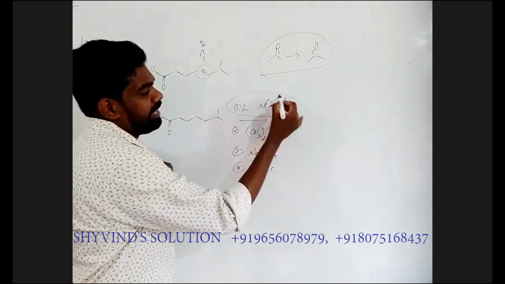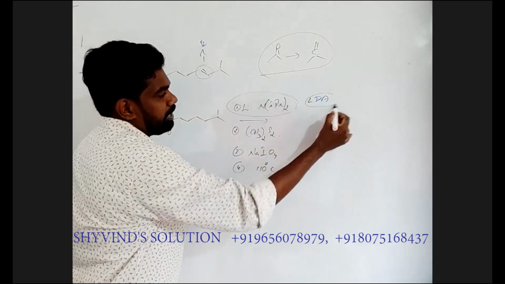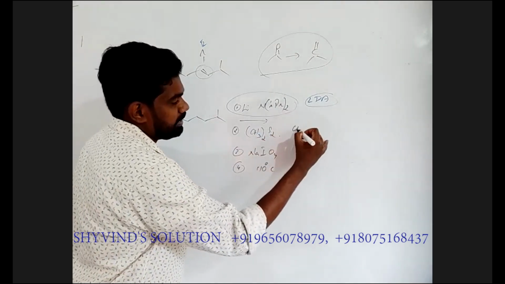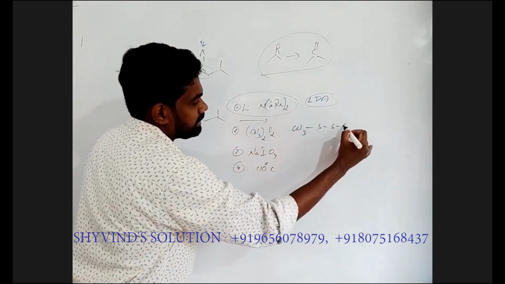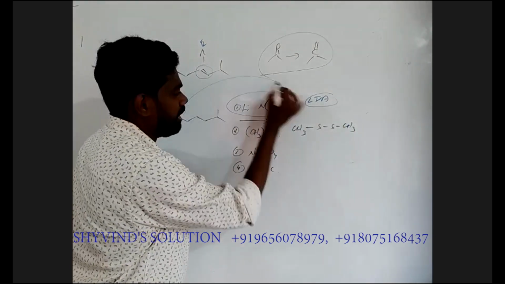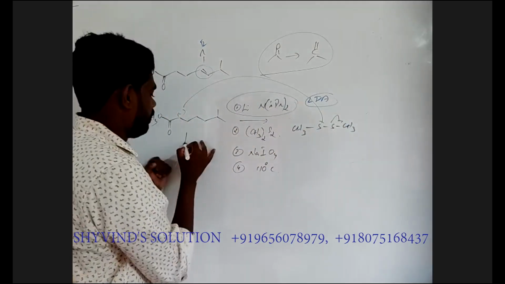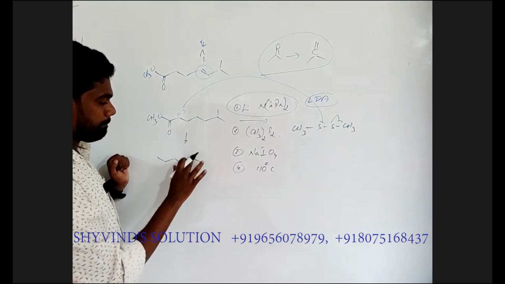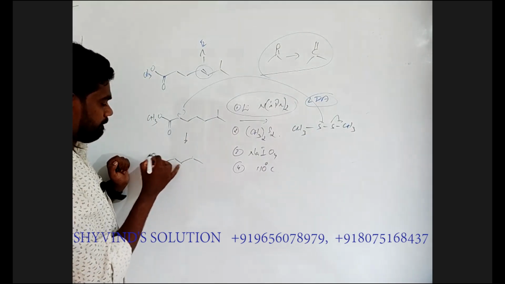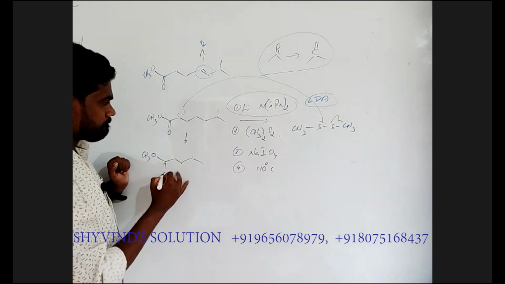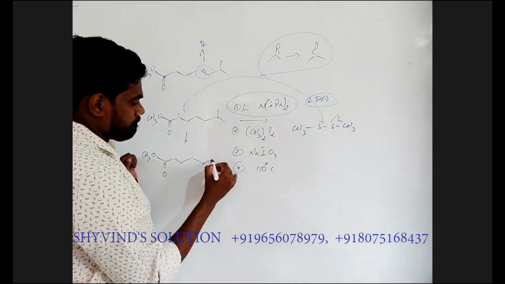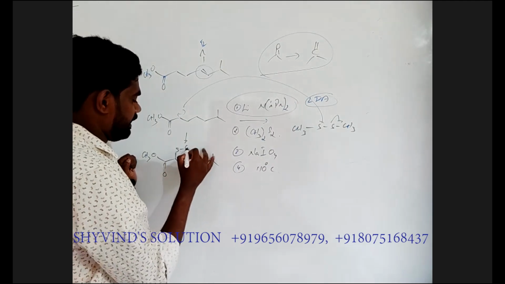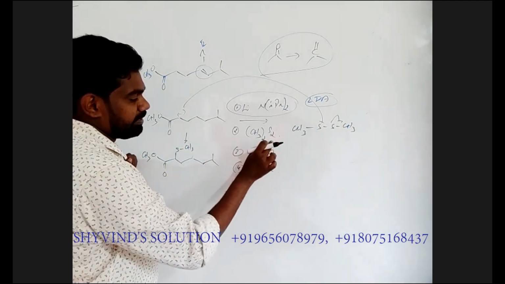This is LDA. LDA is a base, we know. So it will remove the alpha hydrogen from this one. This is CH3SSCH3. This will attack here and remove this one. So we'll get the product like this, with SCH3. This is the second reagent.